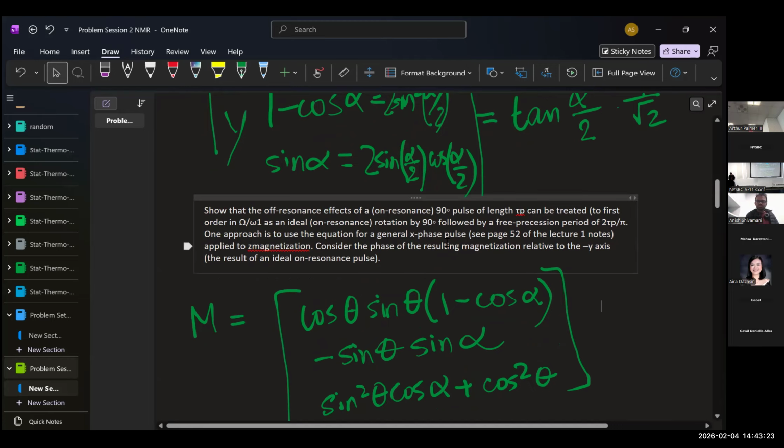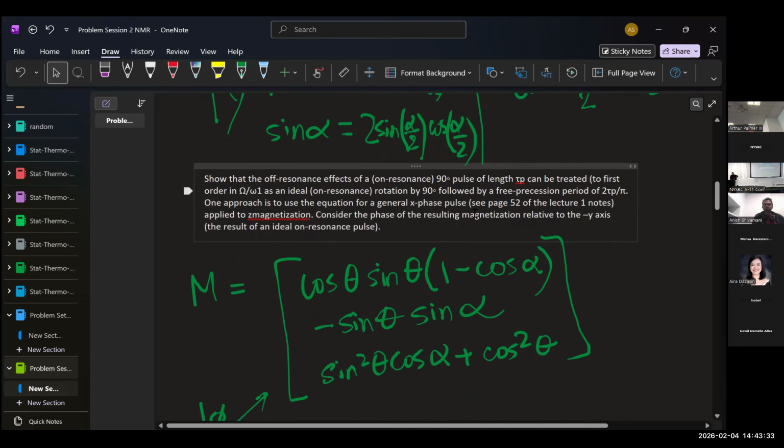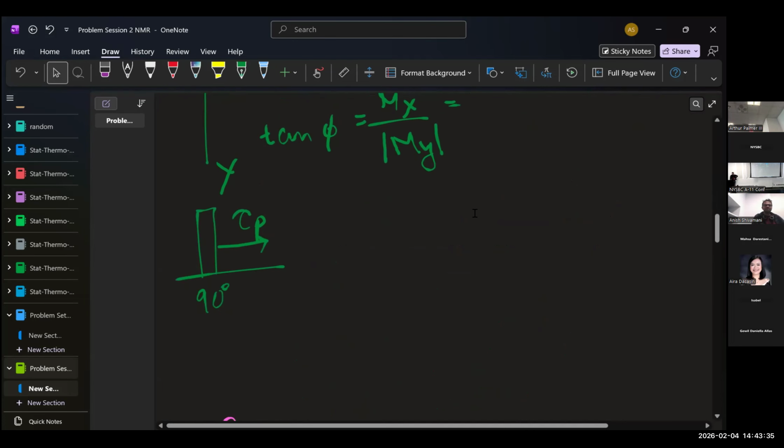So you need to show that the off resonance effect can be approximated as an ideal 90-degree pulse, followed by a free precession period which is given by 2 tau p over pi. So something like this.